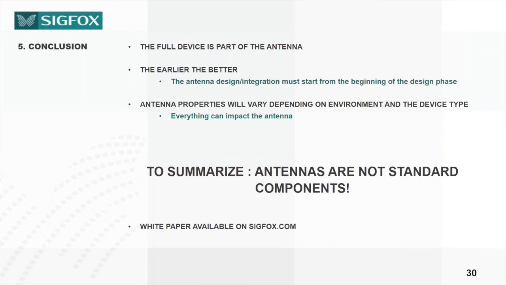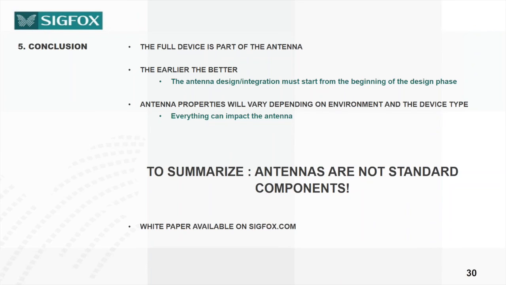Okay, now I will conclude. I think I gave you the message that, first point, the full device is part of the antenna. So the antenna is not only the component called antenna in an IoT device.